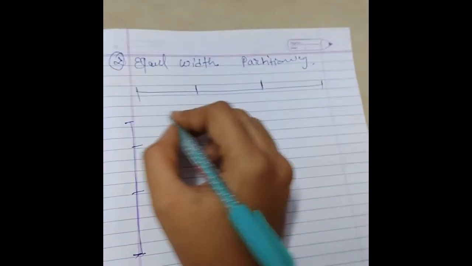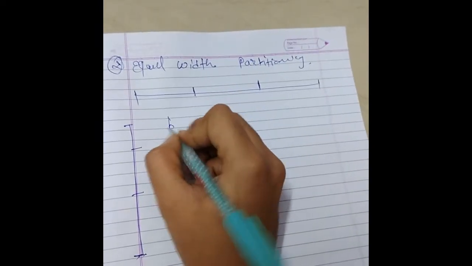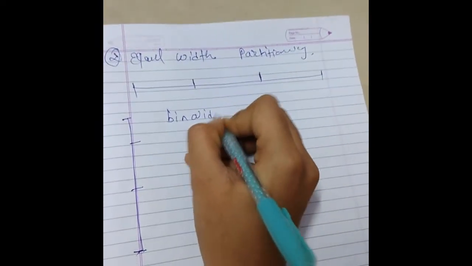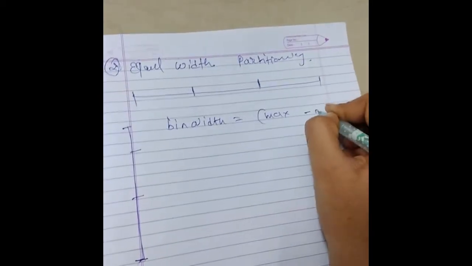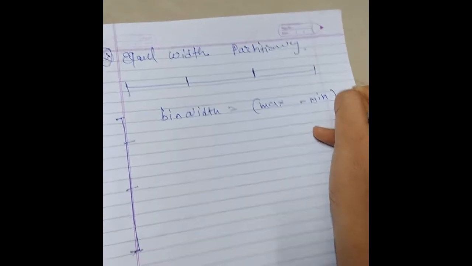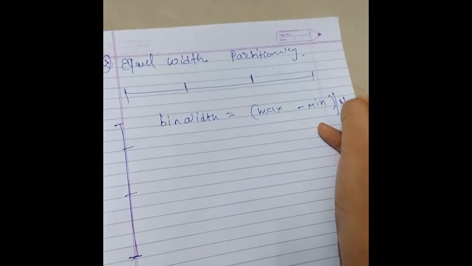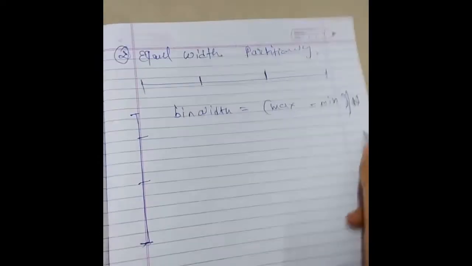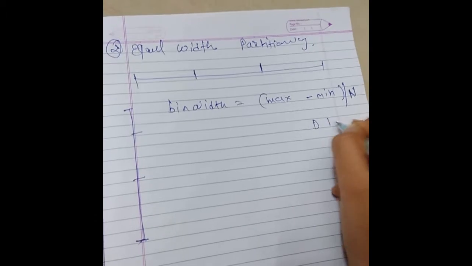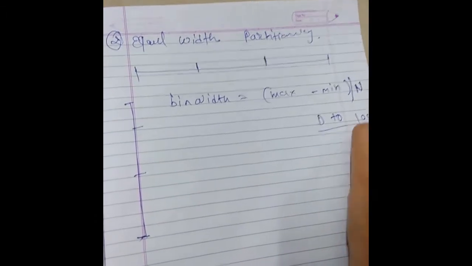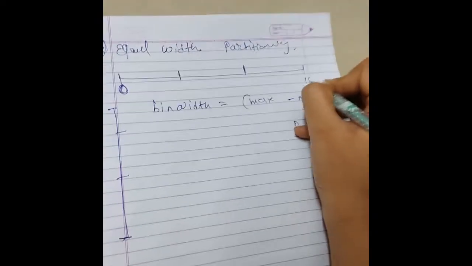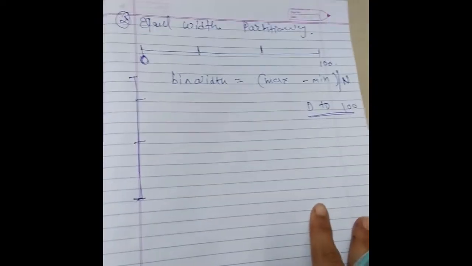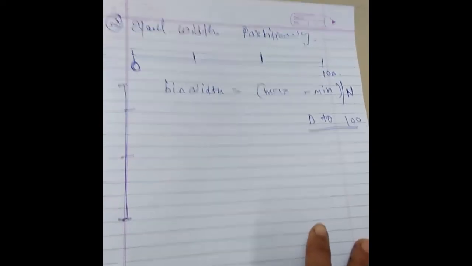To find the bin width, the equation is: bin width equals (max value minus min value) divided by the number of intervals n. So this is the equation for bin width. Suppose you have a data range of 0 to 100 and you want to divide the data into equal bins. Suppose this is the 0 value and this is the 100 value, and the task is to divide the data into equal width.